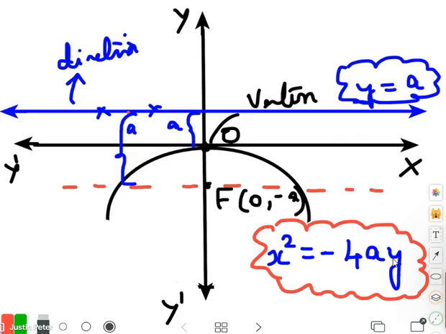A here, A here. It is going to be 2A. Isn't it? The distance of the directrix from the focus is going to be 2A.